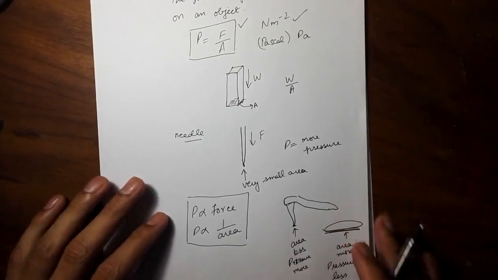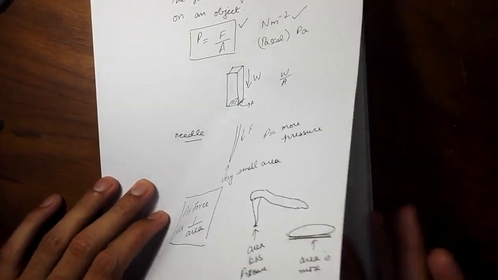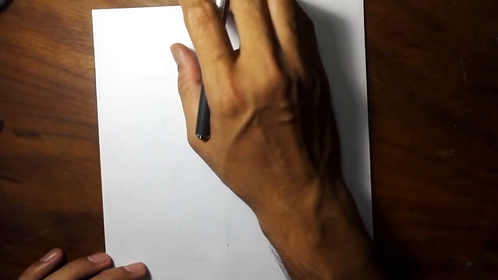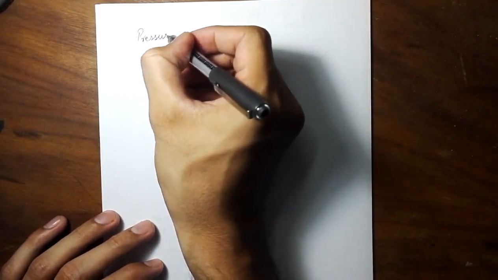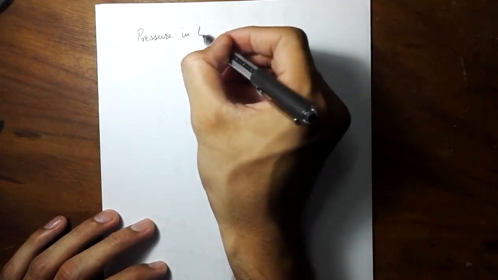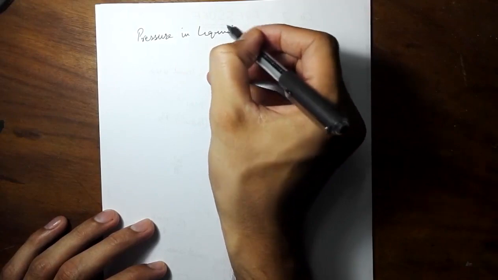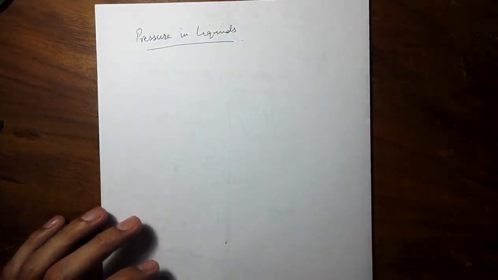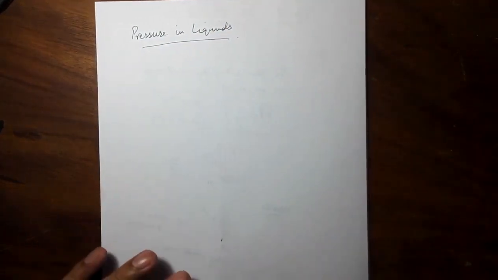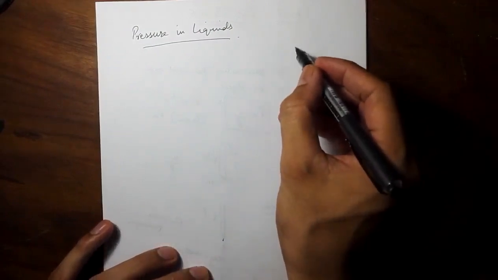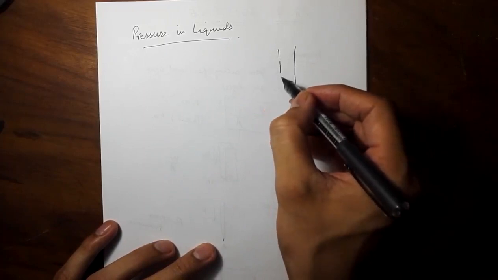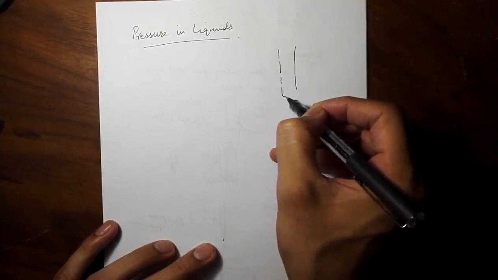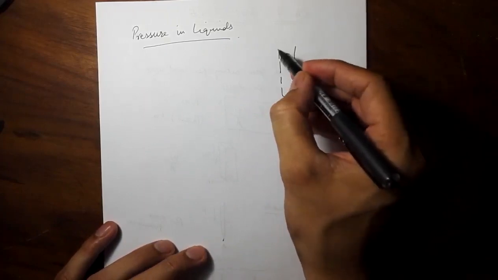Now we will discuss the pressure in liquids. How pressure behaves in liquids. Let's suppose I fill this vertical cylinder with water.